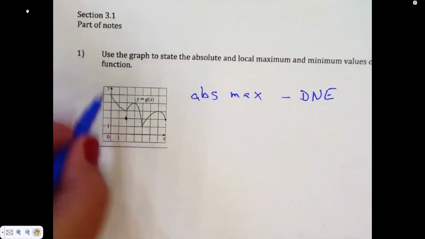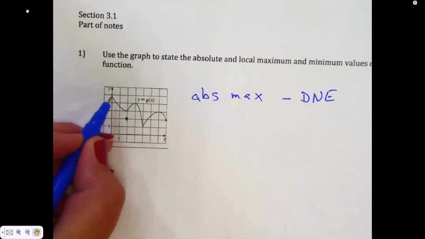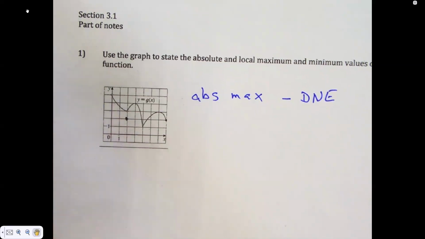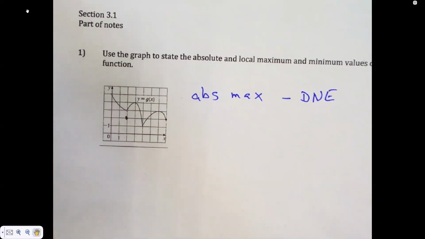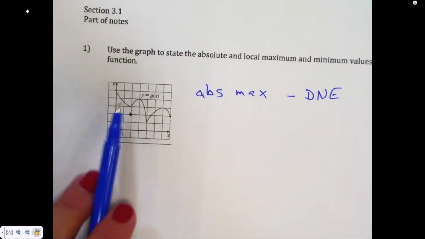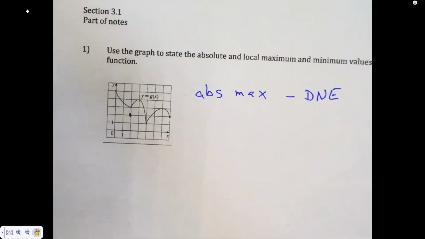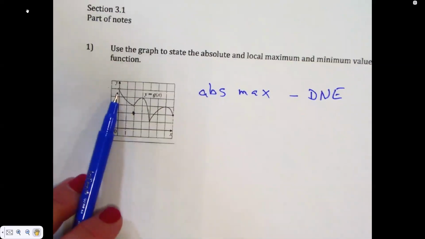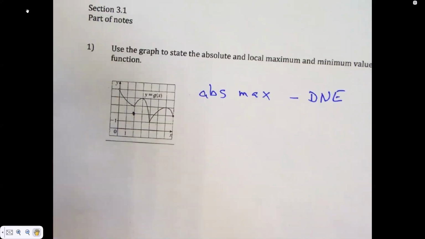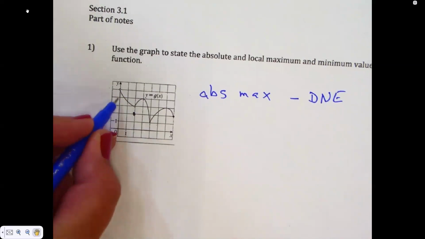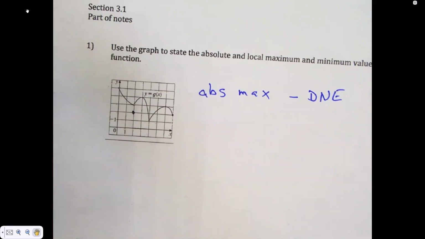Yep, because you should go here, but what's there? An open circle. And so because it's an open circle, remember, it is okay for an absolute to be at the end. It just can't be local. So this is absolutely right, but the open circle causes it, because let's see, what is it? 1, 2, 3, 4, 5. Okay, but it's not at 5 because it's an open circle.